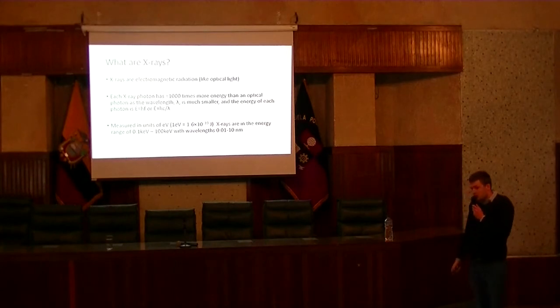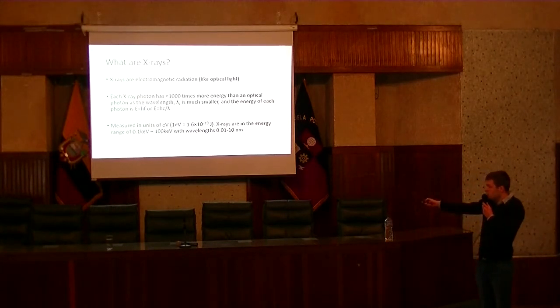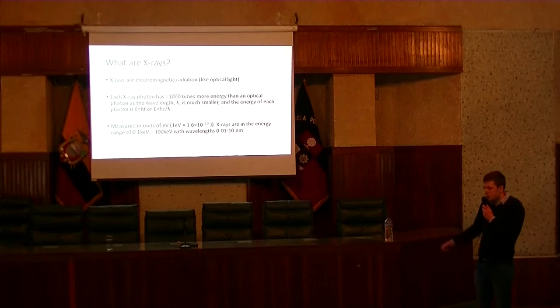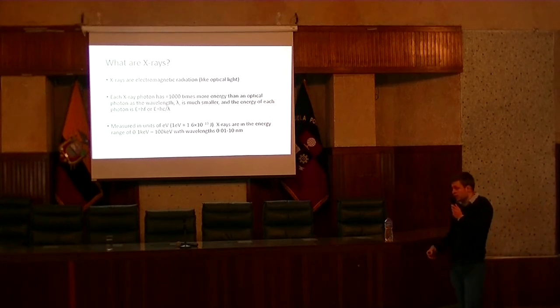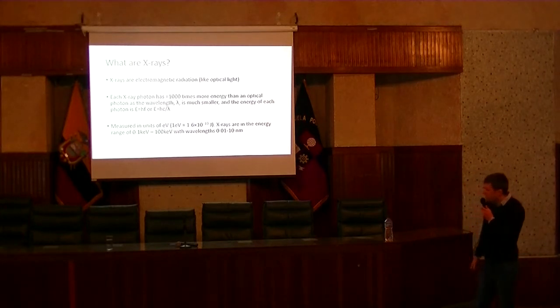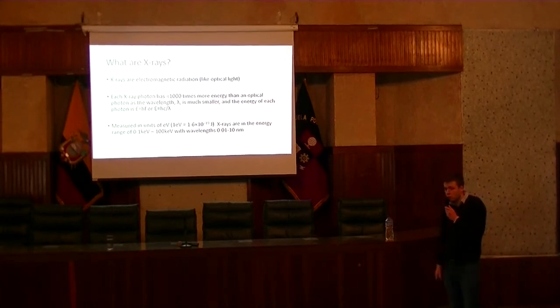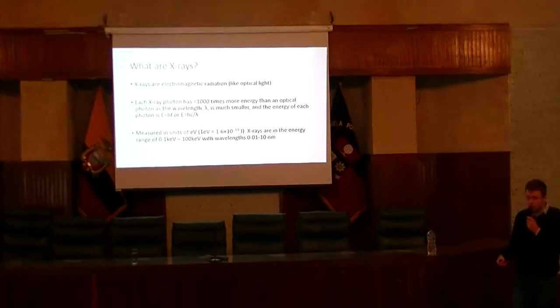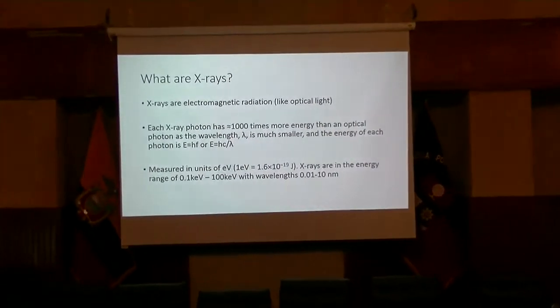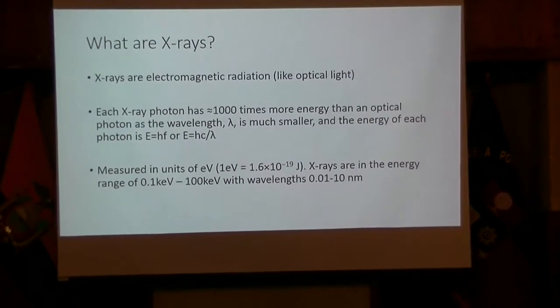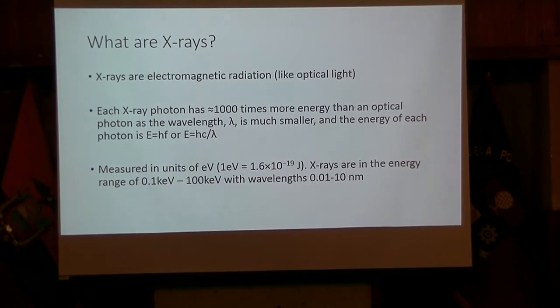They're measured in units of electron volts, so 1 electron volt is 1.6 times 10 to the minus 19 joules. And X-rays are found in the energy range of 0.1 to 100 kiloelectron volts. And their wavelengths, as I mentioned before, are between 0.01 and 10 nanometers.